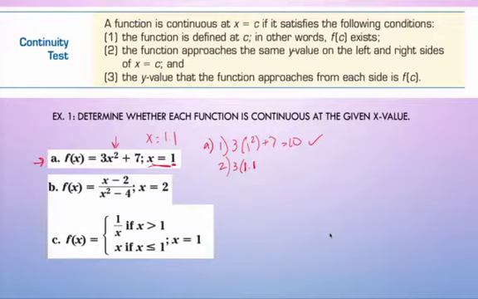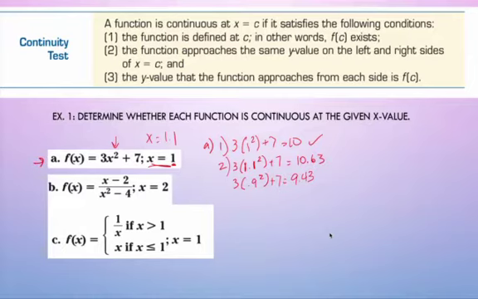1.1 squared plus 7 is going to be 1.21 times 3 is 3.63, 10.63. Whereas if I plug in 0.9, I'm going to get 0.81 times 3, which is 2.43, plus 7, which is 9.43.